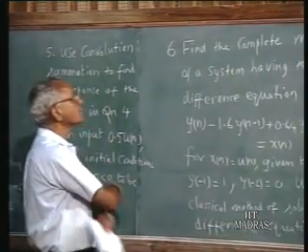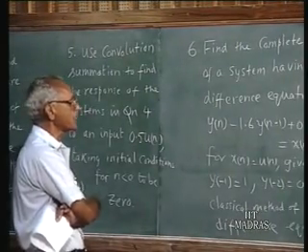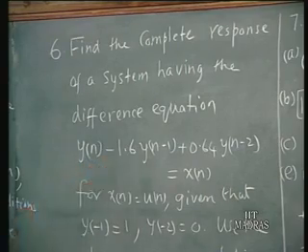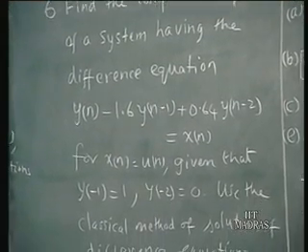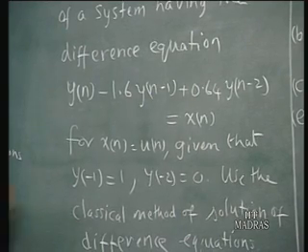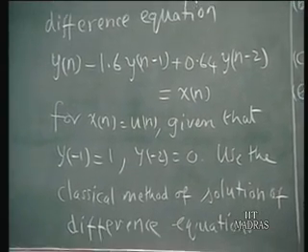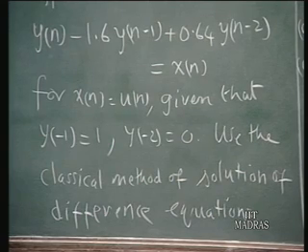Sixth question is, find the complete response of a system having the difference equation yn minus 1.6 yn minus 1 plus 0.64 yn minus 2 equals xn. This is once again a second order difference equation. For an input xn, which is the step un, we are given the two initial conditions, y minus 1 equals 1, y minus 2 equals 0.